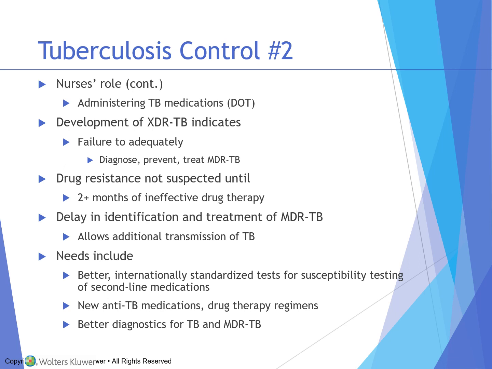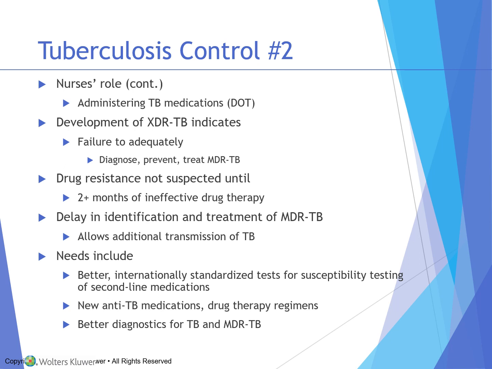So now let's talk a little bit about the development of extensively drug-resistant tuberculosis. And many times it's because either it wasn't diagnosed on time, there was no prevention, and also there was a failure to treat the multi-drug resistance. Remember that the extensive resistance is a level up from the multi-drug resistance.